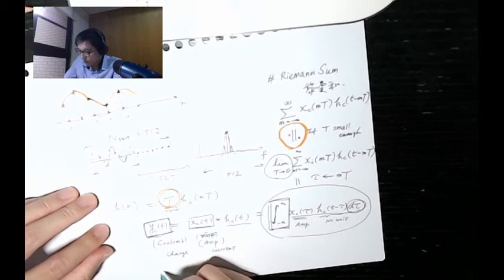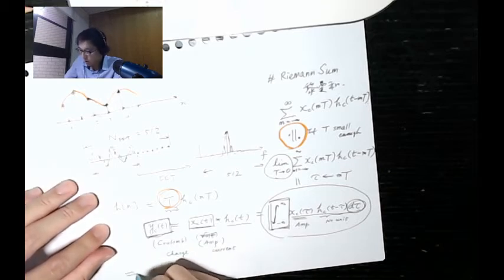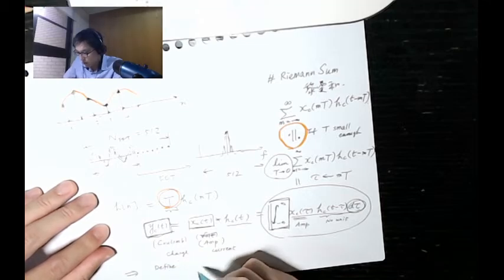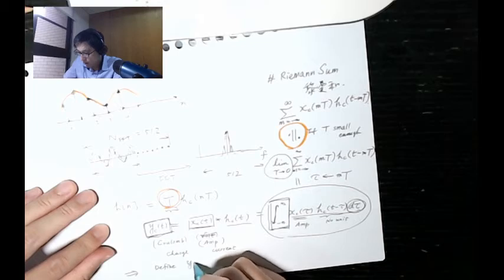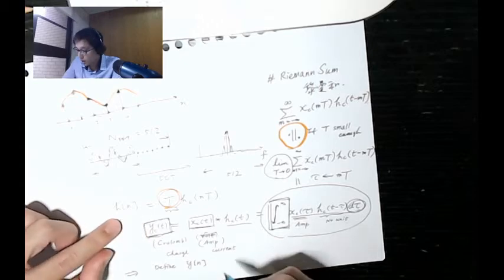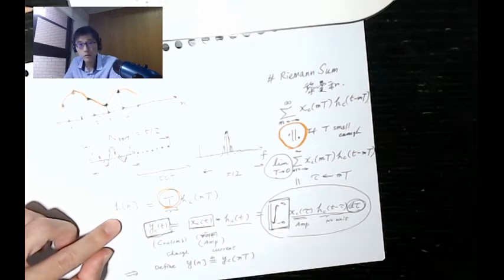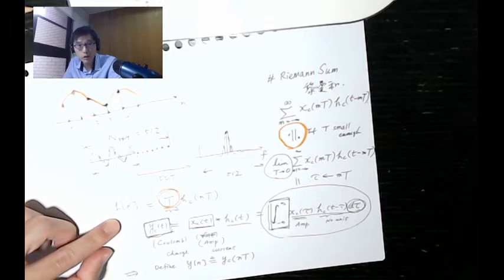Now, let me use the space over here. Let's define y of n. Let's discretize this output signal by defining it as the continuous time signal sampled at n times capital T, that small number we were talking about.